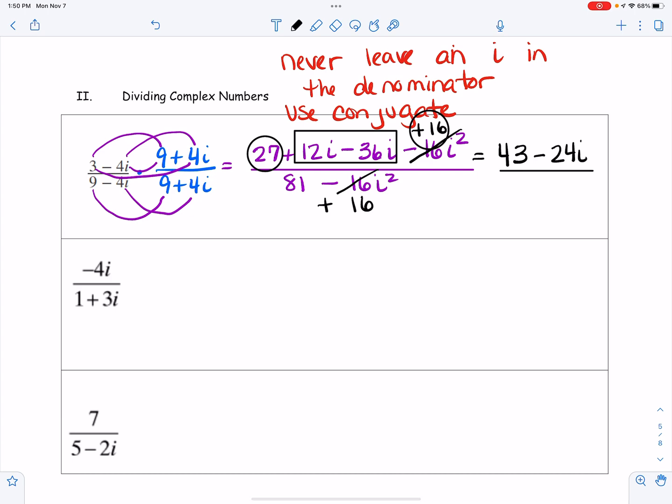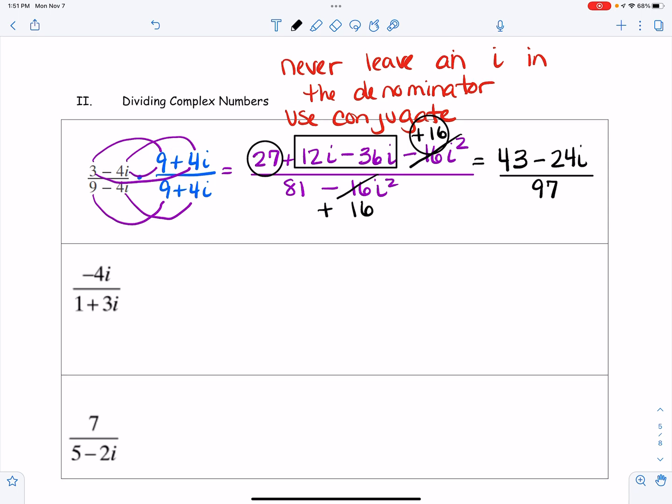And that's going to be all over 81 plus 16, which is 97. Now, sometimes they will have you separate those terms so that you can simplify them, but in this case, they don't have to be separated because they can't be simplified. So either one of those answers is correct, okay?